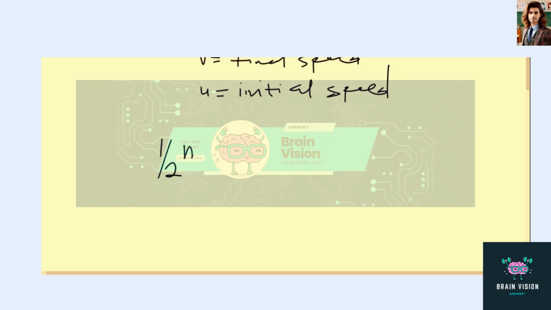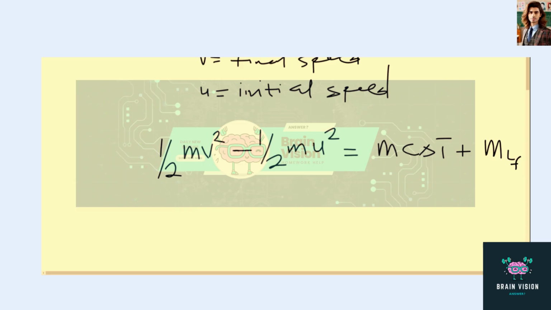So let me rewrite this equation as half mv squared minus half mu squared is equal to the thermal energy. We have mc delta T plus mL_F. Remember, we are also considering the heat energy required to melt the lead bullet.